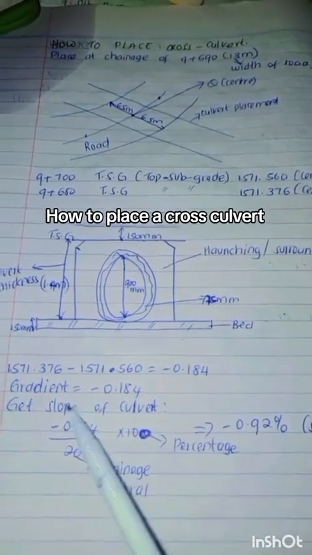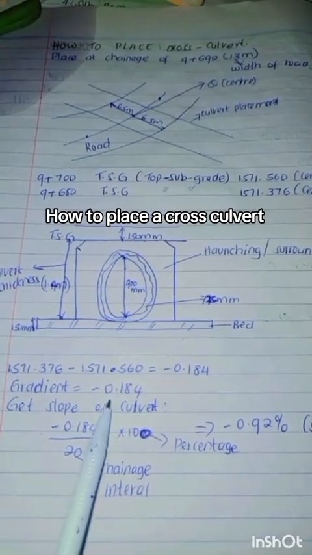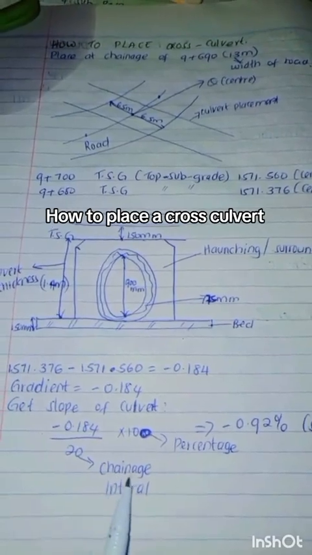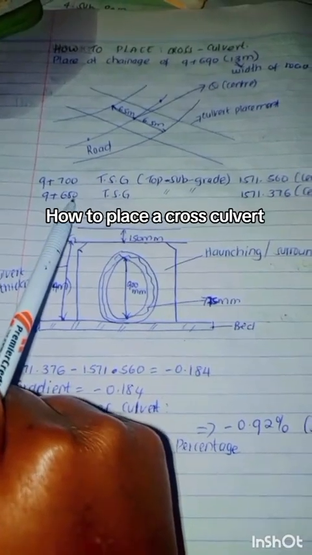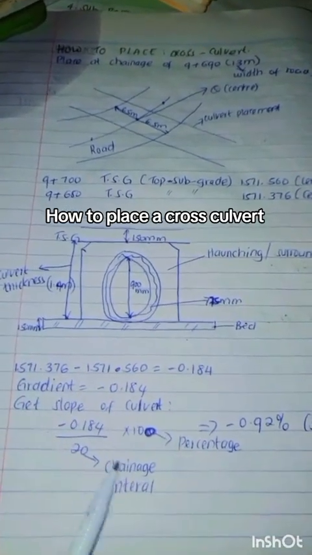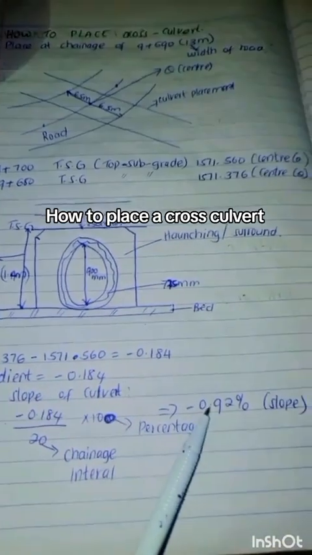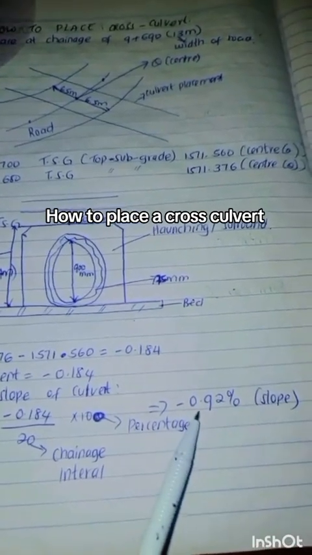That is the gradient. To get the slope of the culvert, we use that gradient, negative 0.184 over 20, that is the chainage interval between 700 and 680. You multiply by 100 to get the percentage, and you get 0.92 percent slope, in negative form.